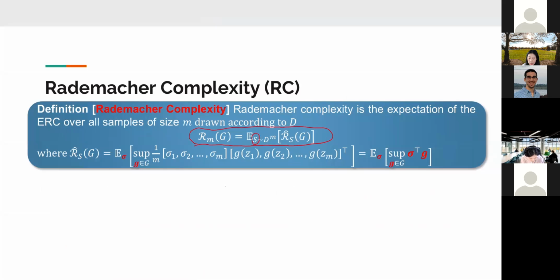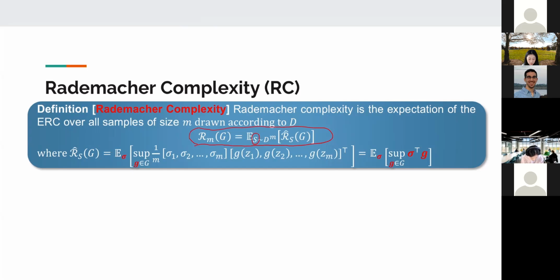But it depends on m, the sample size. So you are taking the average over samples of size m, not m-1 or m+1. That's why it's called the Rademacher complexity with the subscript m. It characterizes the complexity of G on samples of size m.